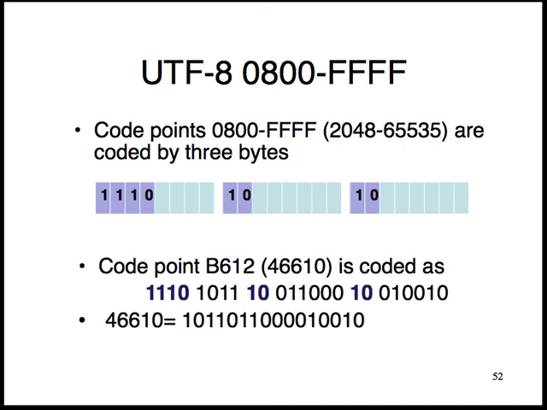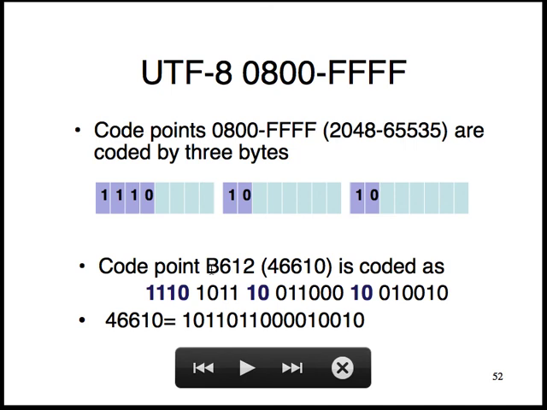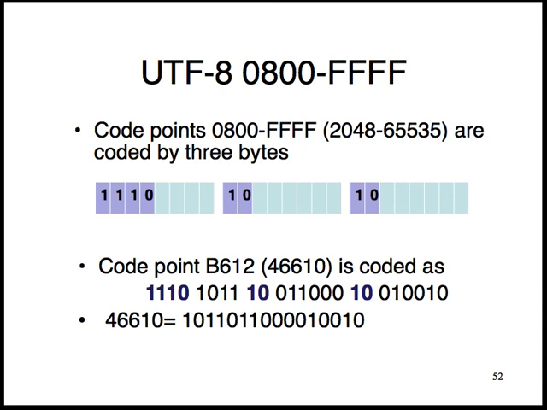So here, if we take the hex value B612, that's 46,610. So imagine now you have your super mega table with 65 is uppercase A, 64,610, I don't know, some Japanese character, say.